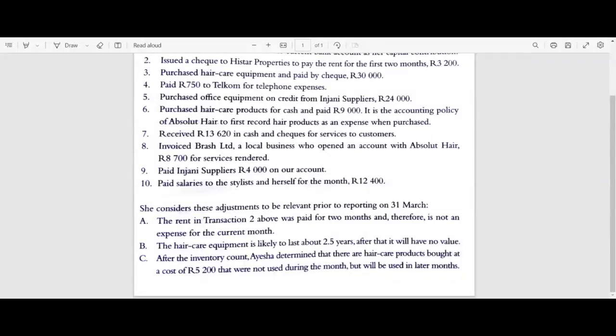To reduce that 9,000 expense in the account to 3,800, what do we have to go and do with that hair care expense account? Debit it or credit it? On which side does an expense decrease?